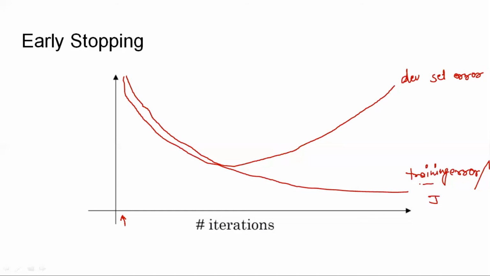Now if we take the number of iterations to be of a very small value, then at this smaller number of iterations, you often take the value of parameter w to be very small, really close to zero. Because when we start training our learning algorithm, in the initial number of iterations we take the value of w to be a very small number, maybe really very close to zero.